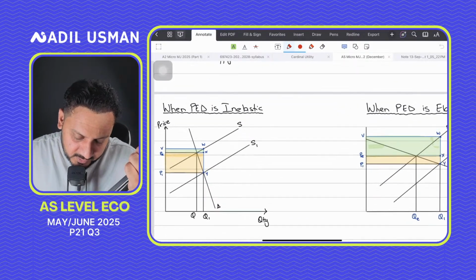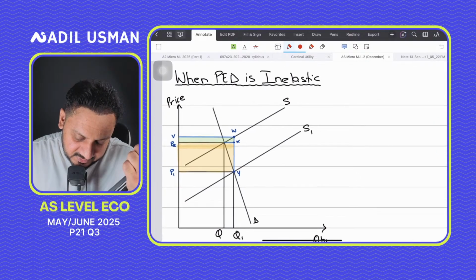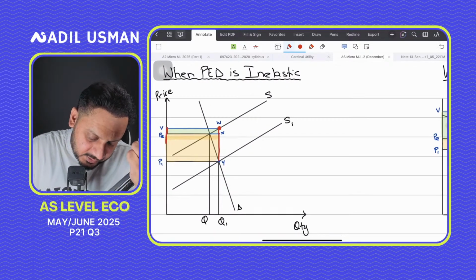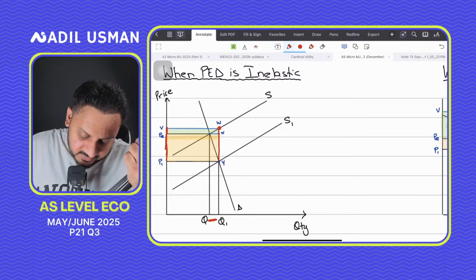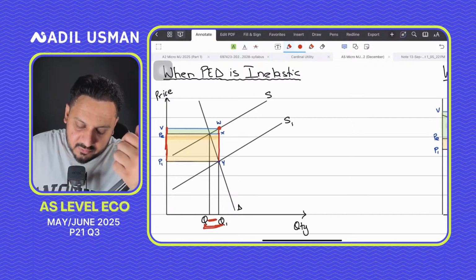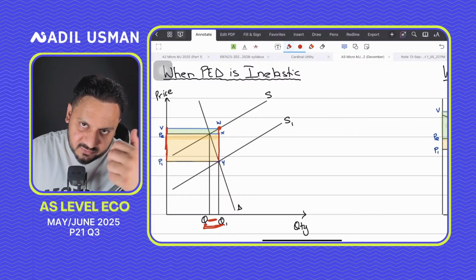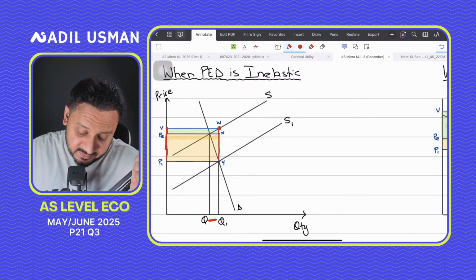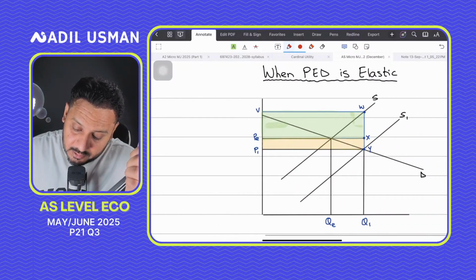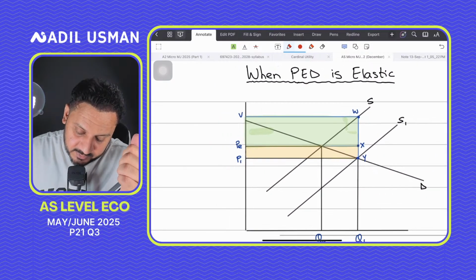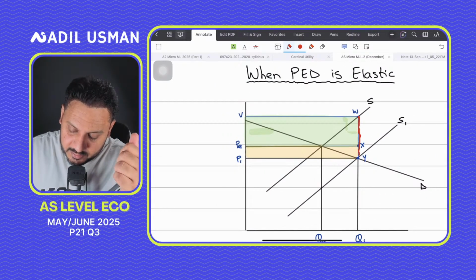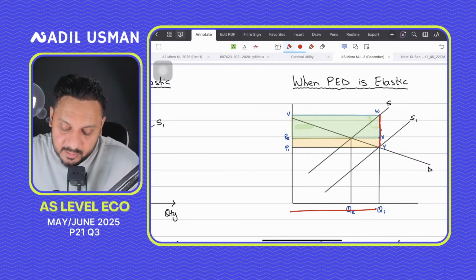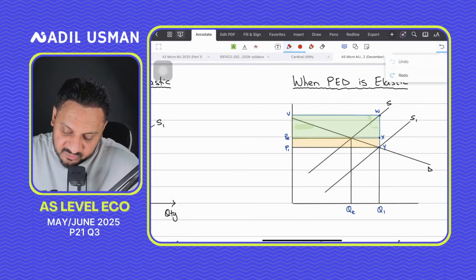If you can see that since the PED is inelastic, this is the cost per unit of the subsidy, and if you multiply this by the increase in the number of units here, the overall expenditure for the subsidy, which is subsidy per unit times quantity, would be much less. If you look at the demand that is elastic, it's the same per unit cost, but that is multiplied by a huge jump in output. So the overall cost to the government would be much higher.